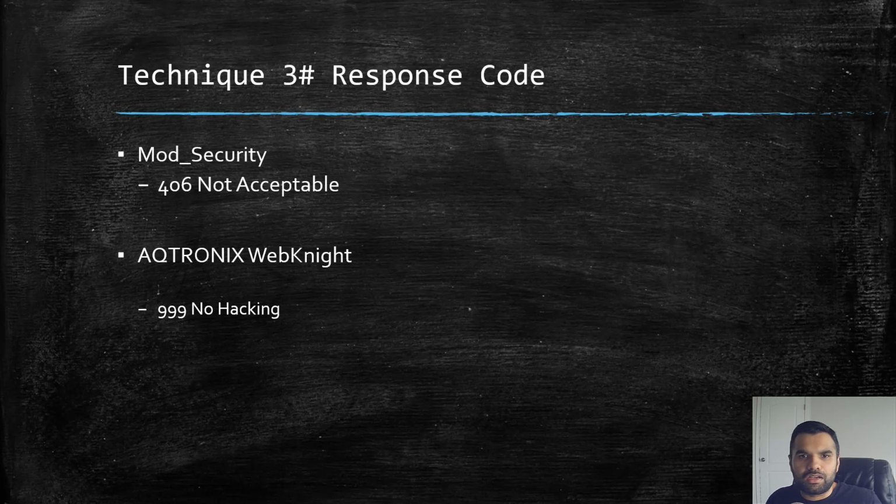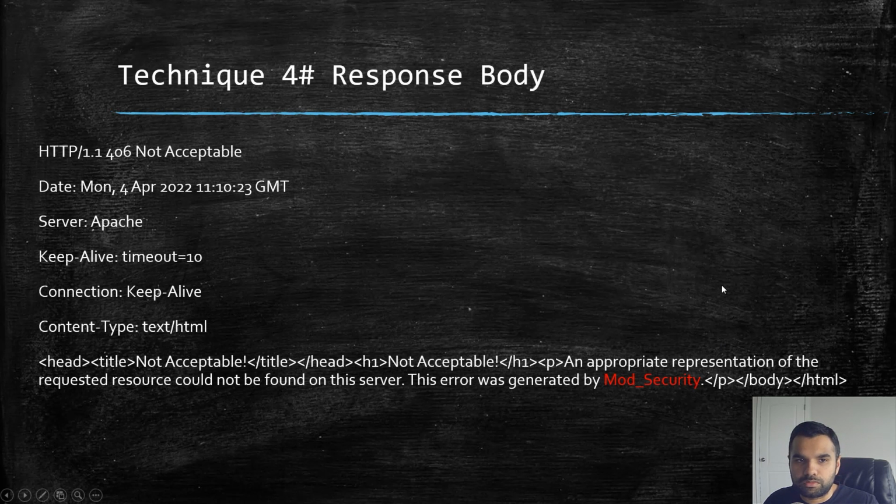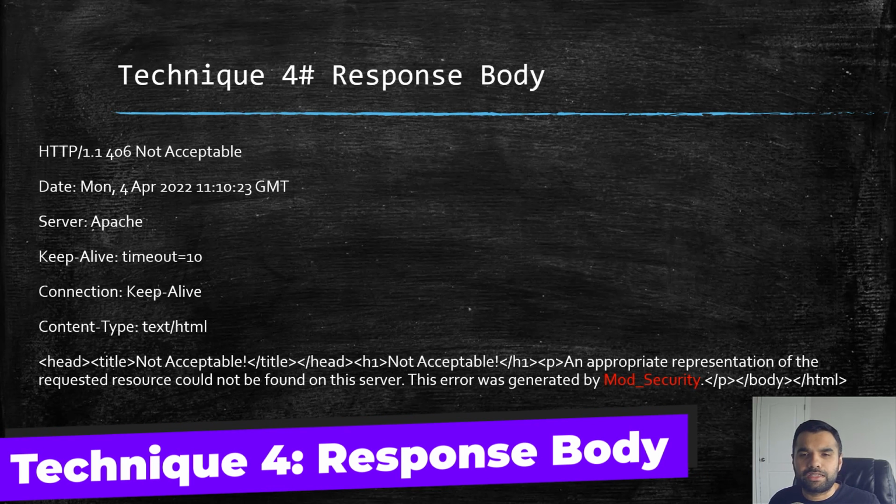So sometimes the WAF, as we saw in the example of the header rewrite, also changes the response code for the malicious request. So here we can see 406 and 999, which is not the usual response that you will see from the application.